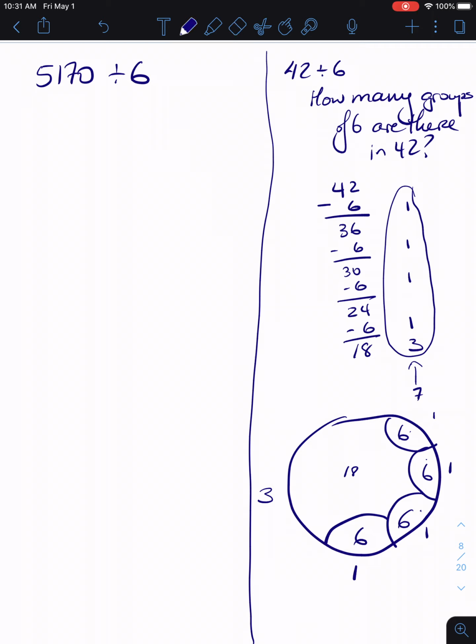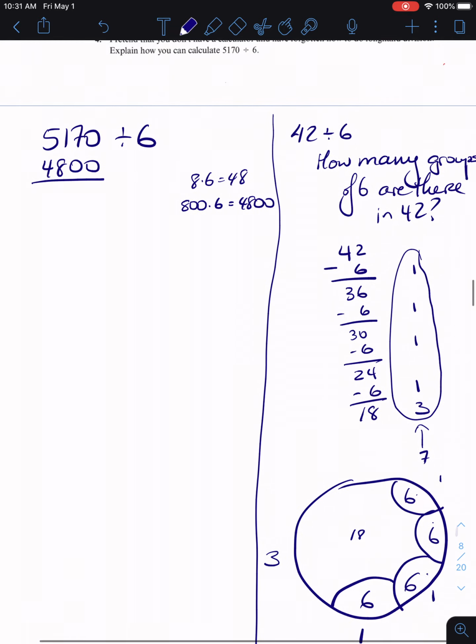However, the kids know their multiplication facts or fact families. So one child might realize that 8 times 6 is 48. Wow. So that means that 800 groups of 6 is 4,800. So I could pull out 4,800 here, and I know that that's 800 groups of 6.